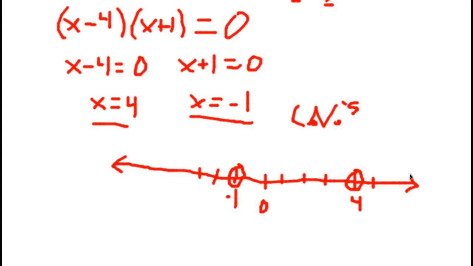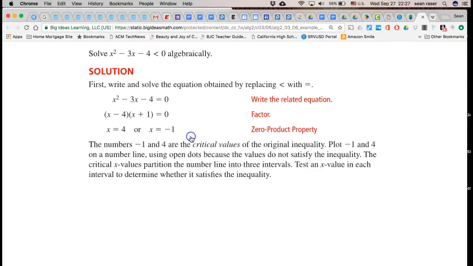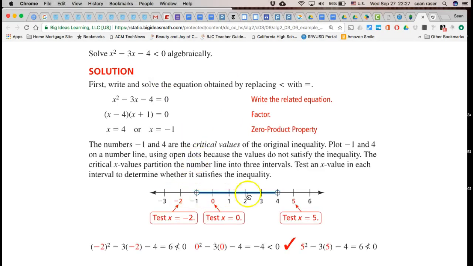So I'm going to go back and make it a little neater. This is what we've got so far. We've got our number lines with open circles. In order to test our 3 spots, you want to pick a value from each region and plug it into your inequality.